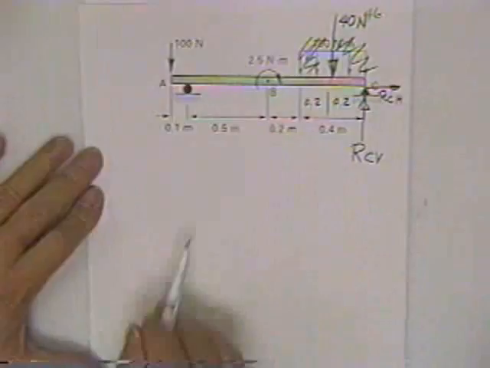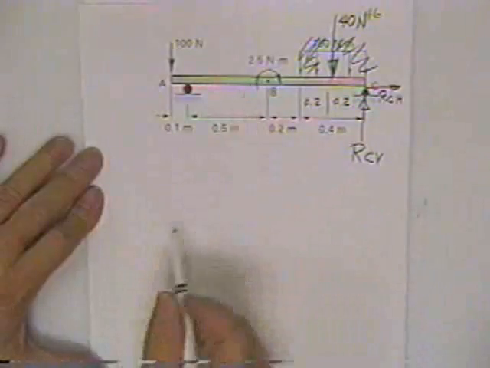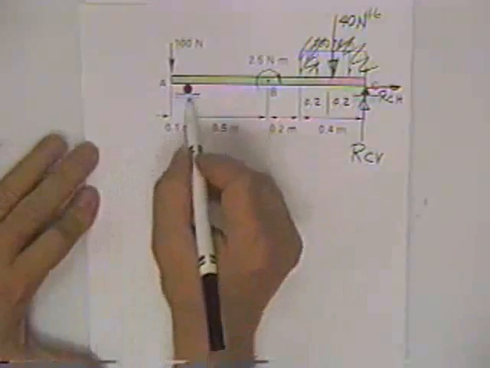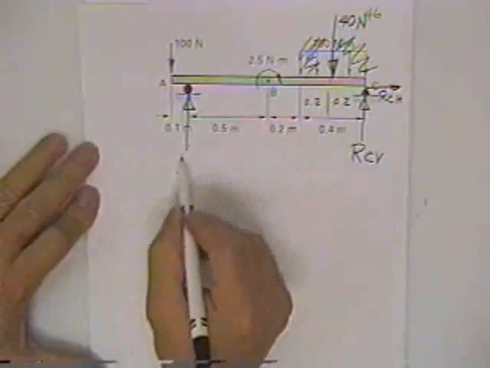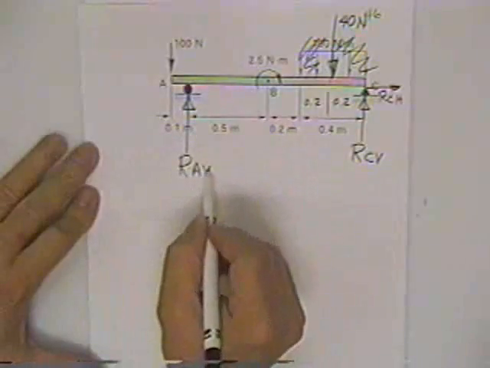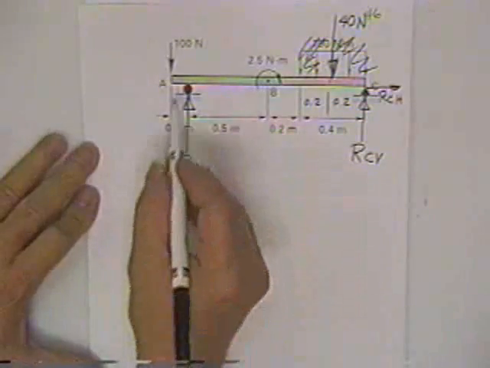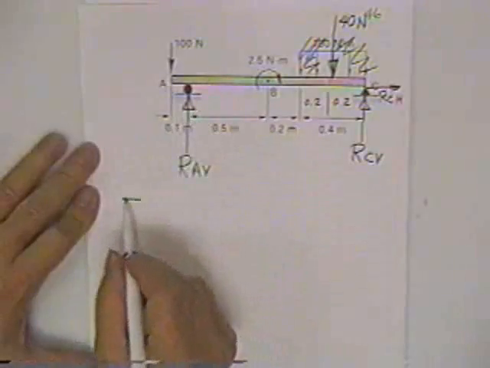Just like all the rest, just need to make sure you know what to do at this moment here. I need a reaction here also, reaction at A vertical. Since it's a pin, one force only.